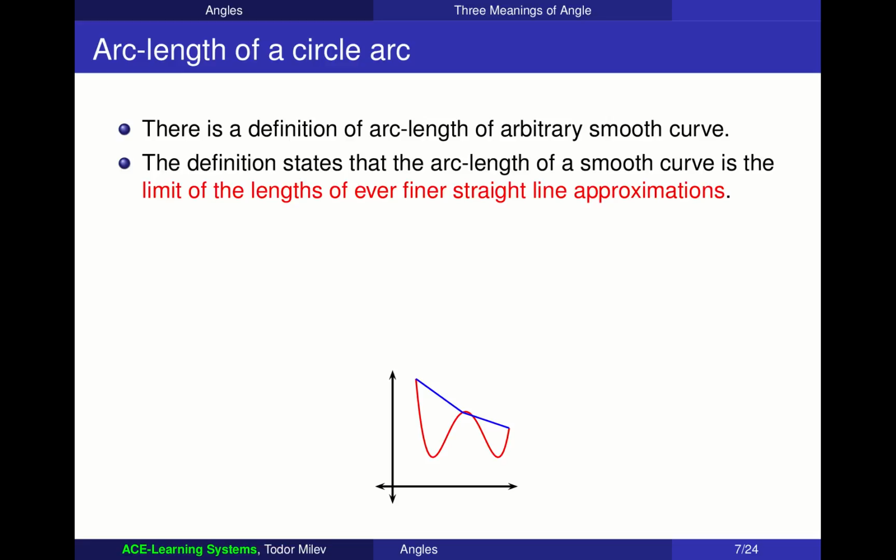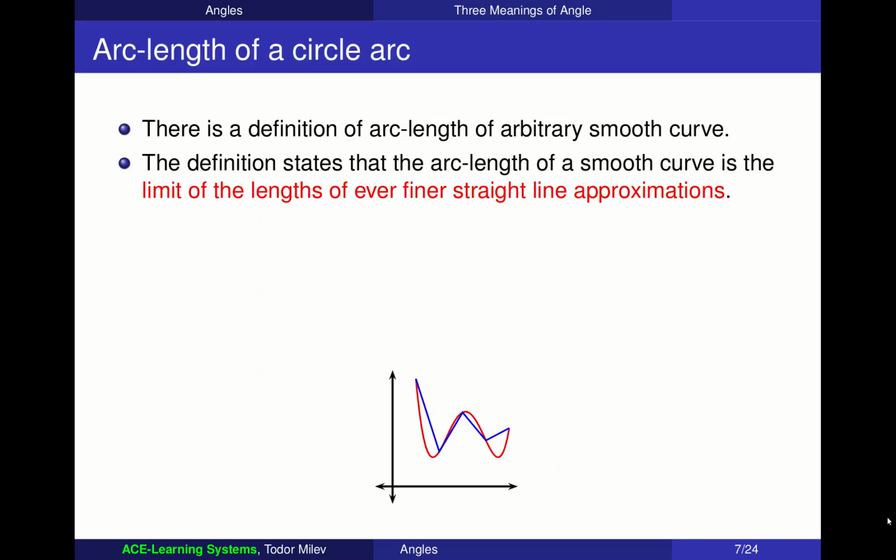The definition states that the arc length of a smooth curve is the limit of the lengths of ever finer straight line approximations. If I wanted to tell you the length of this curve here, I'd have to take ever finer straight line approximations. This is a 2-segment approximation of that curve. This is a 4-segment approximation.